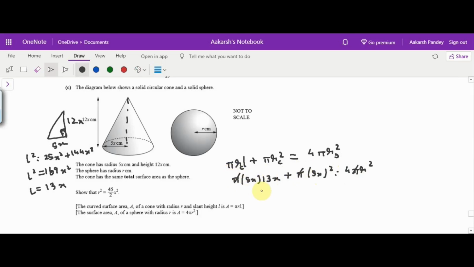You get 13 times 5 is 65x square plus 25x square equal to 4r square. So you get 90x square is 4r square. Now divide the whole by 4. 45x square by 2 is equal to r square.